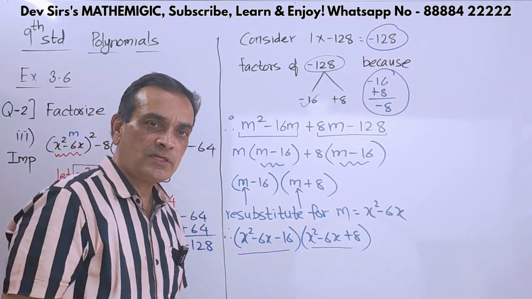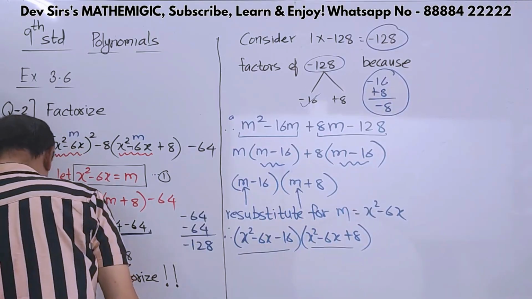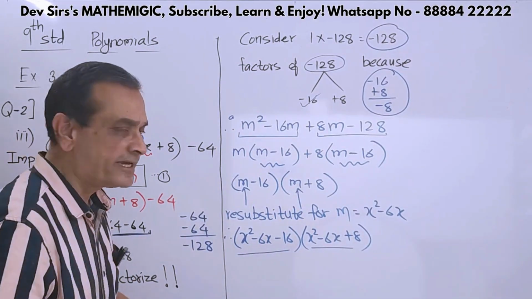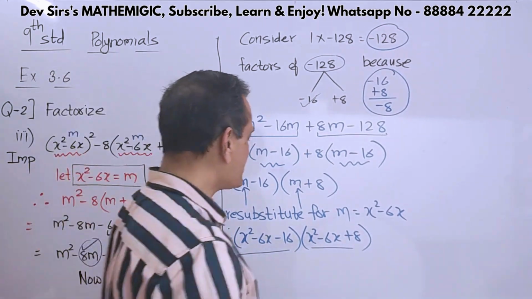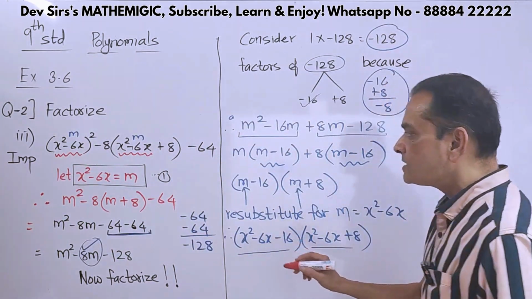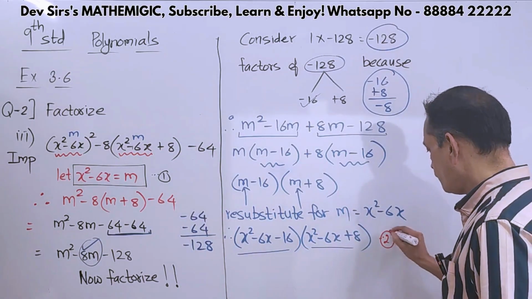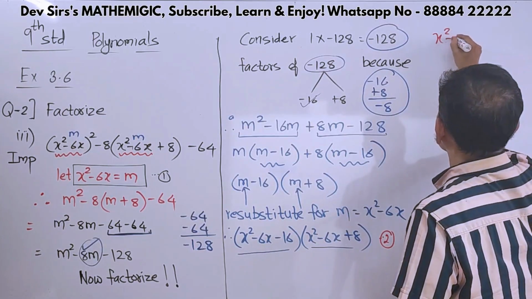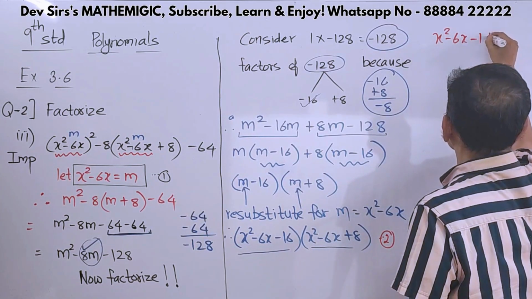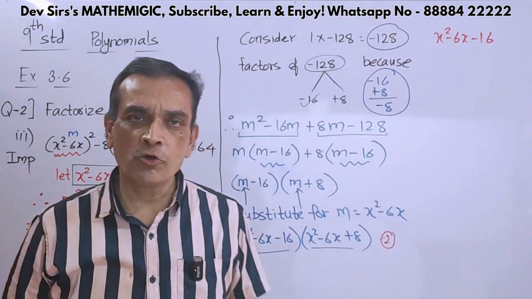Now this factorization is again simple, a quadratic trinomial. Let's see, let's do it quickly. x squared minus 6x minus 16. Now call this equation 2. How do you factorize?